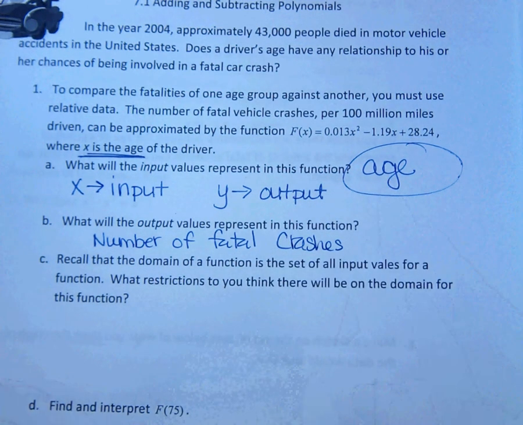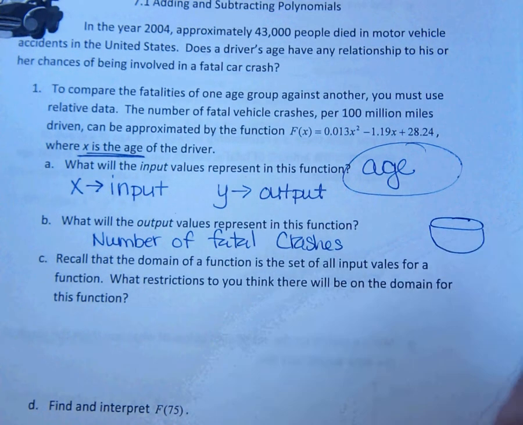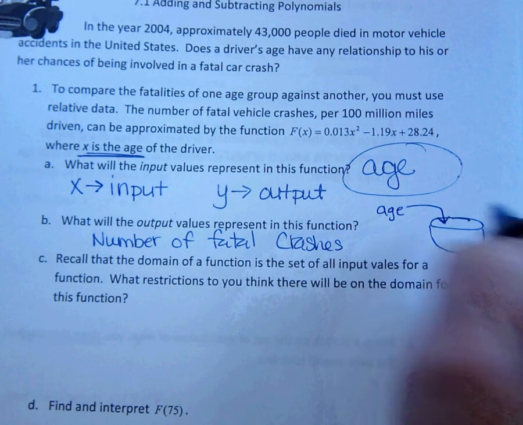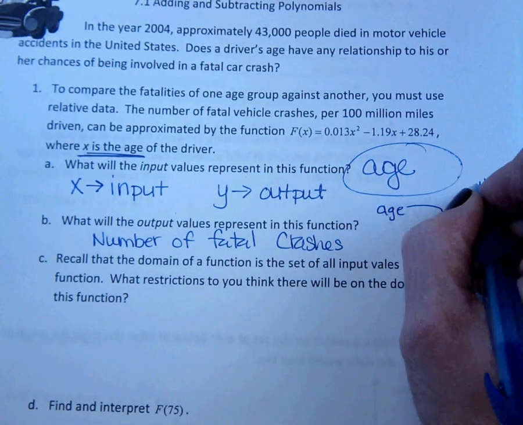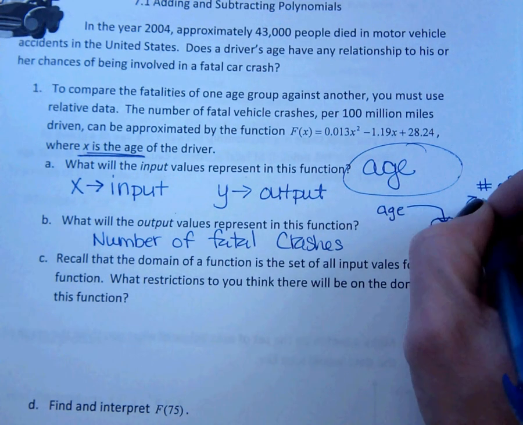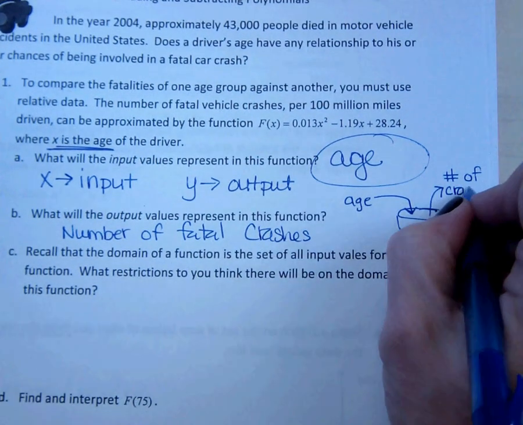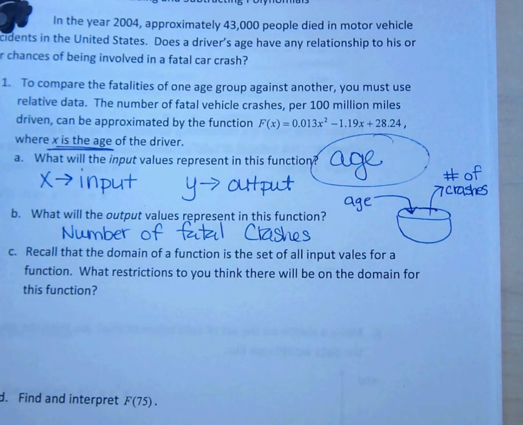Remember that magic pot we did in the classroom? Here's my magic pot. If I take an age, put it into the magic pot, out comes the number of crashes that people in that age group will get in. So I input age and out comes my number of crashes.